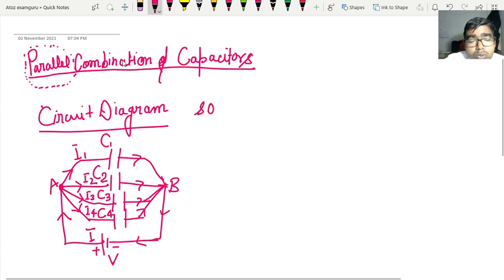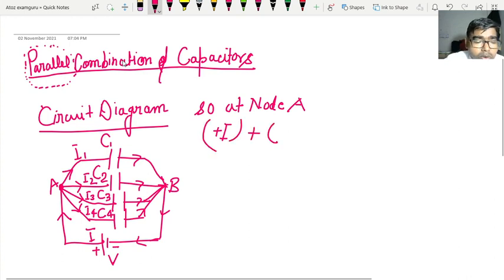So at node A, what will happen? Current I is entering into the node A, so it is positive, plus all are leaving currents, so all are negative.